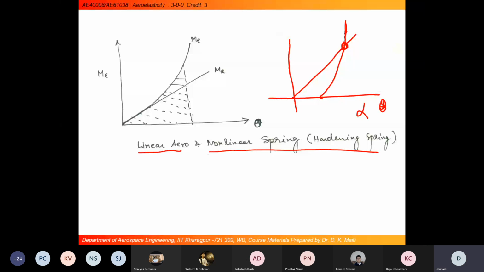So we can get similarly, suppose both aerodynamics and cubic nonlinearity of this type, linear aerodynamics and nonlinear spring, then we can have something curved like this. It can intersect the line of aerodynamic moment at two different points, whatever solution we got in the case considering quadratic nonlinearity or cubic nonlinearity.